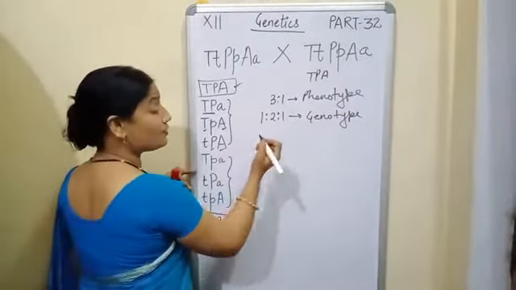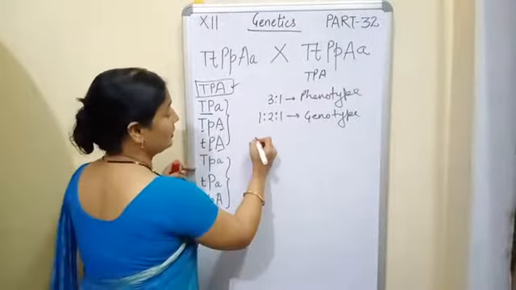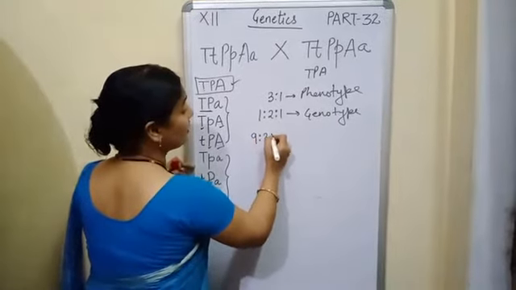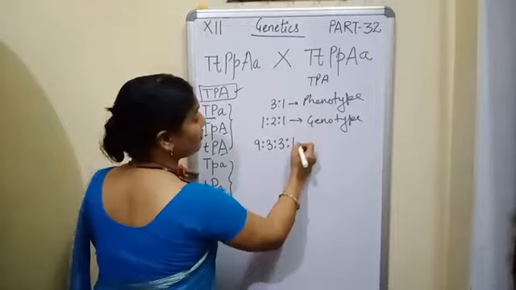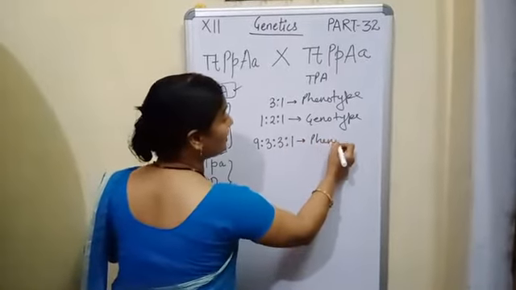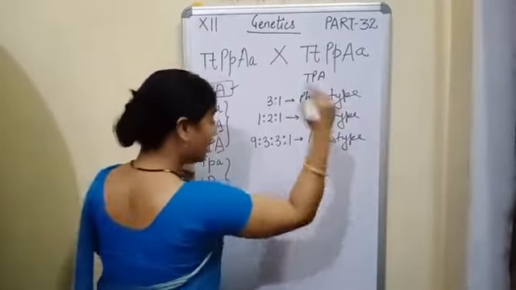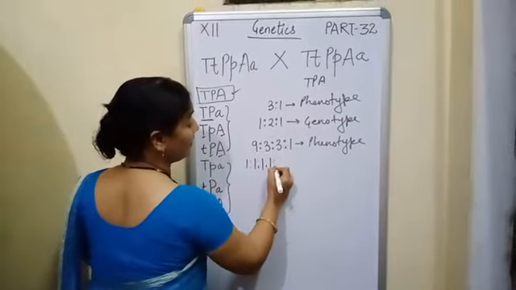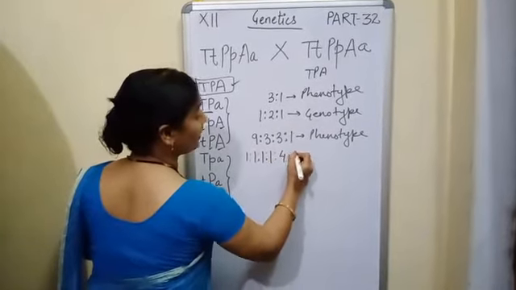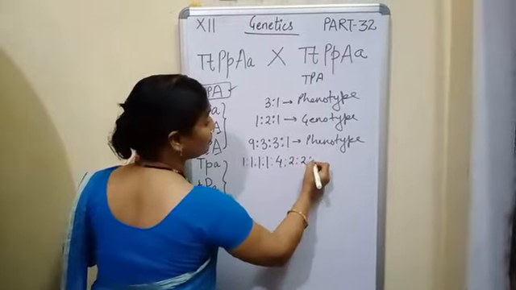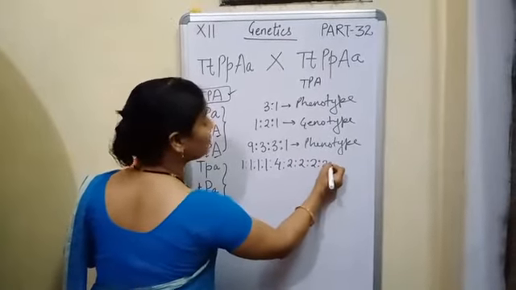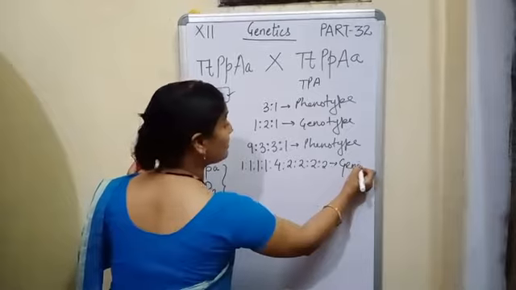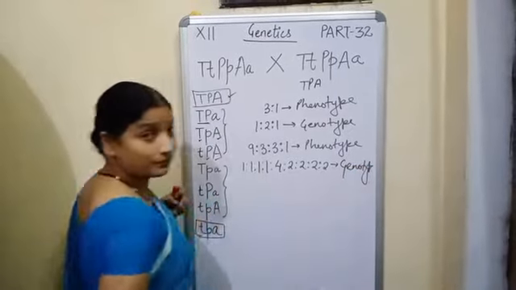And in case of dihybrid, the ratio was 9:3:1 for phenotype and 1:1:1:1, then 4, then 2:2:2 and 2 was the genotypic ratio.